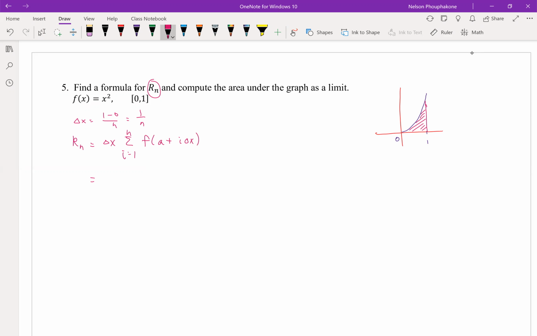Then in this case, I will have delta x, which is 1 over n, times the summation i from 1 to n of f of a. In this case, we know that this is a and this is b, right? a is equal to 0. So I will have 0 plus i times delta x, which is 1 over n.